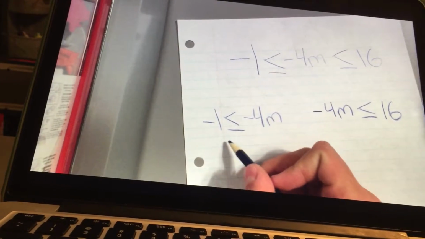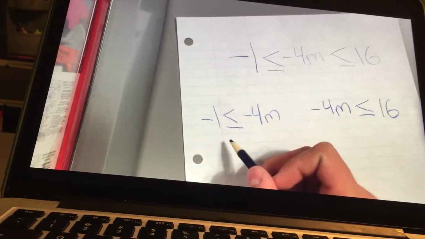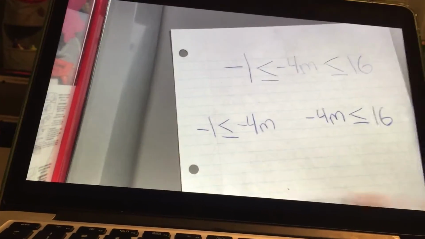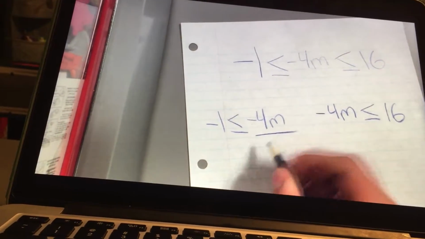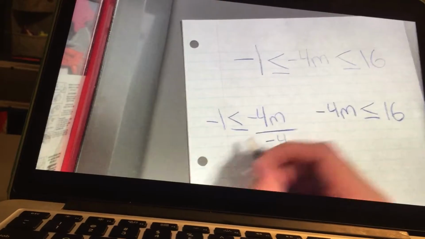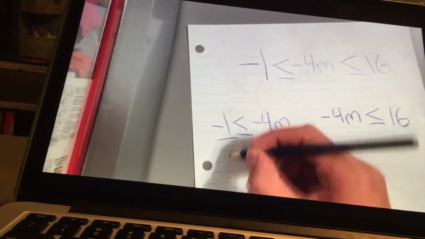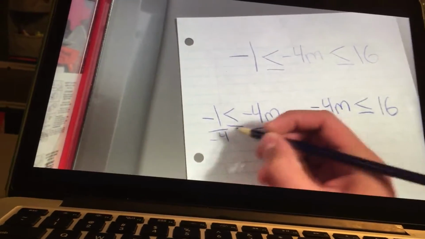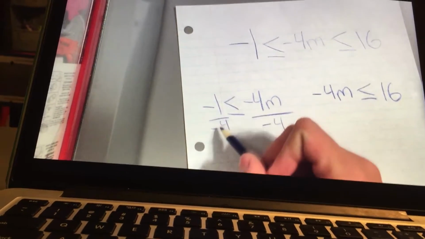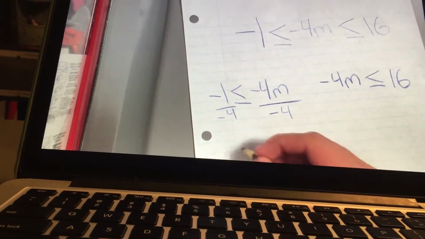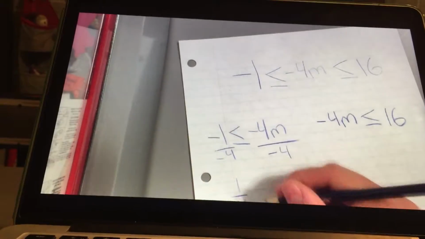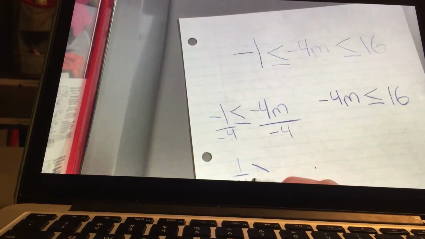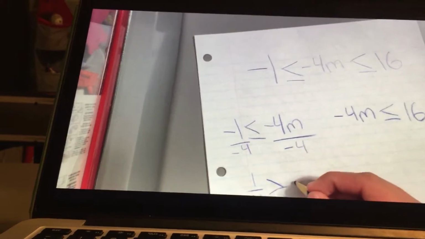So what we do with the negative 1 is less than negative 4m is we're going to get the variable alone. So we're going to divide by negative 4 over here and then bring that over, and then you're going to divide negative 1 by negative 4, which gives you a positive 1/4 is greater than m.